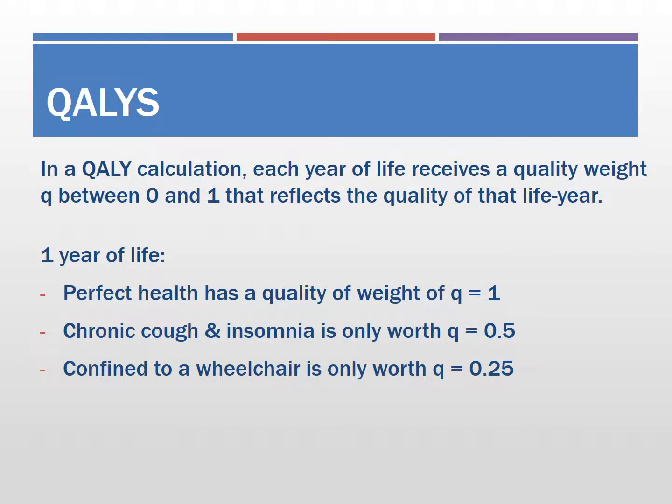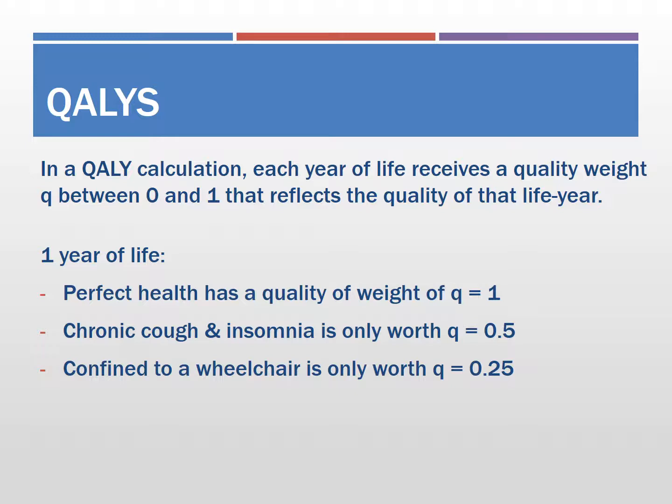In this calculation, each year of life receives a quality weight of Q. It's a weight between 0 and 1 that reflects the quality of that life year. For example, for one year of life for a person in perfect health, the quality weight Q equals 1. It's a complete life; this person lived very happily with his health status.